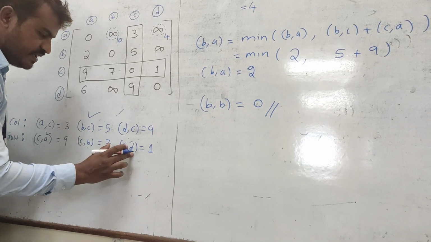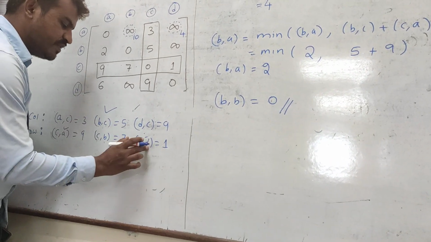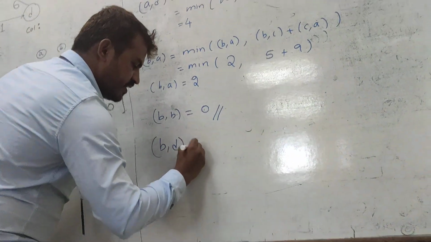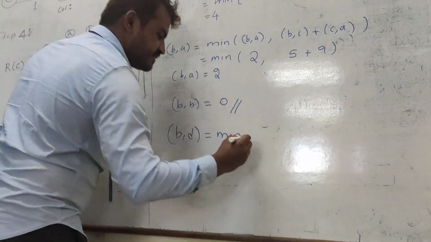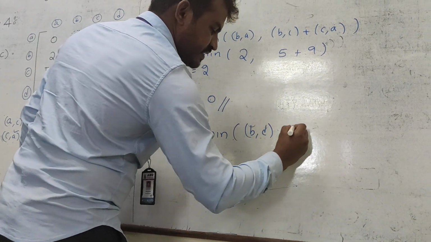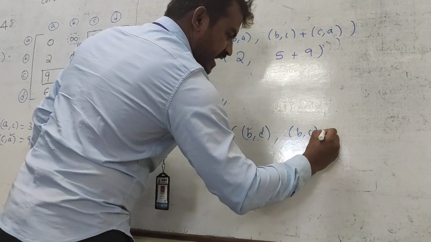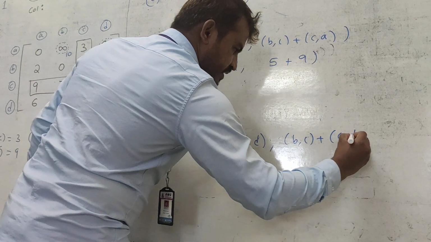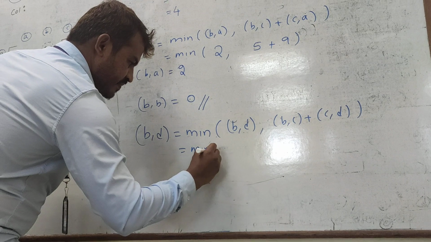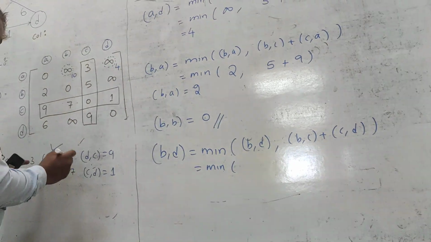and C to D, then you consider B to D. Consider that to be B to D, the minimum of B to D. It is B to C plus C to D. Take it like this: minimum of B to D, what?